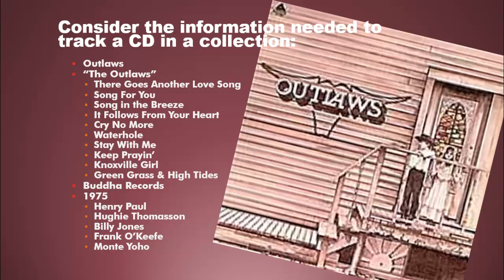So, there goes another love song, song for you, and so on. We have a record label. We have a year in which the record was released. And then we have a list of the musicians that are on the album. So if we look at this and we wanted to model this, we see that it's an ideal candidate for a structure.